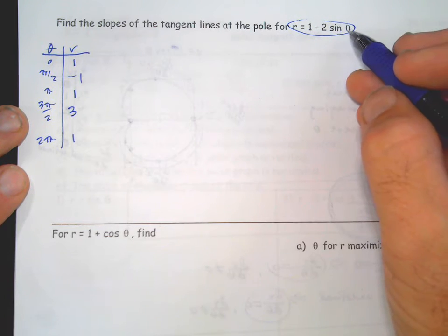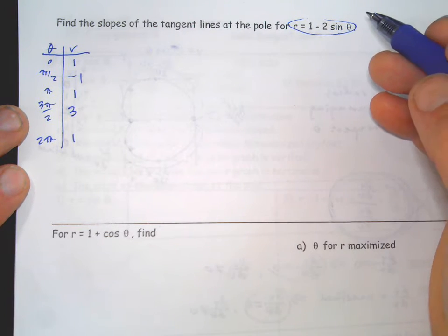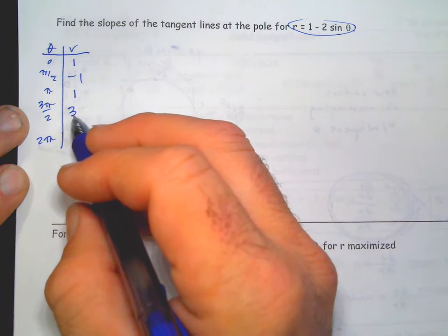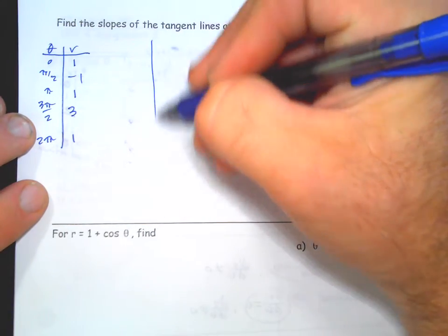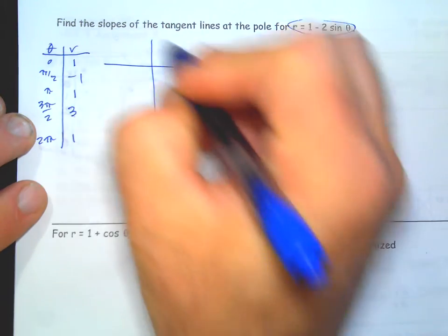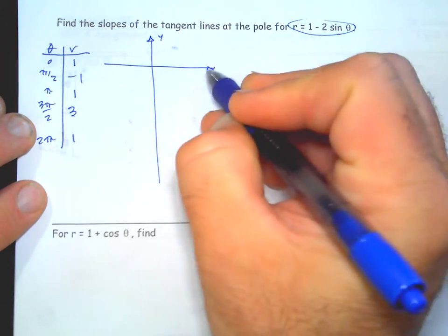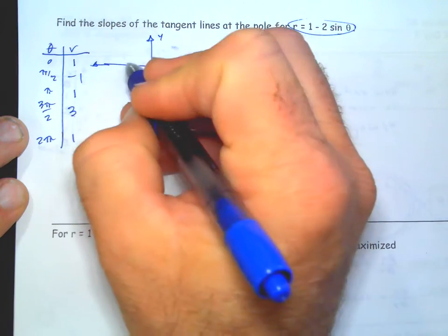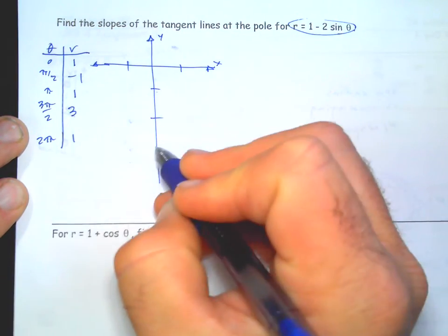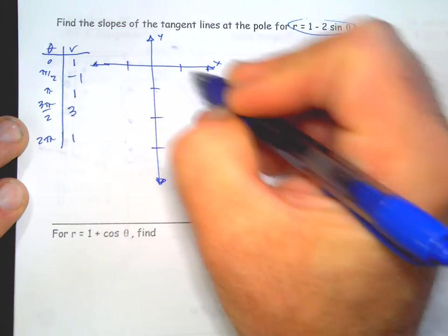Should be vertical because it involves sine. And the biggest radius is downwards at 3 pi over 2. So if I'm trying to sketch this and use the least amount of paper to get a good sized graph, I'd go with that.